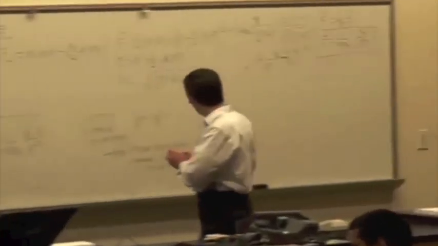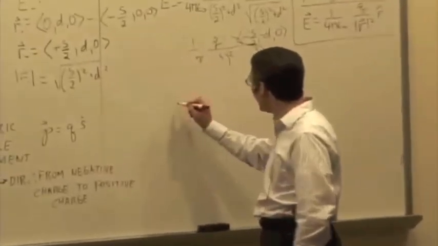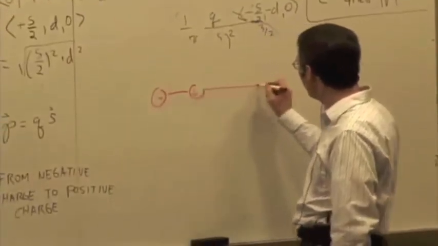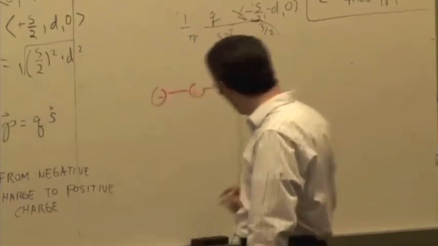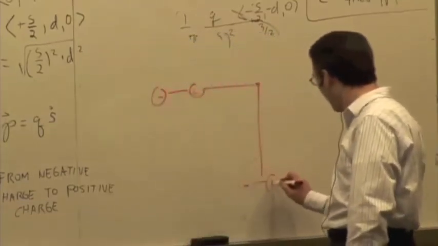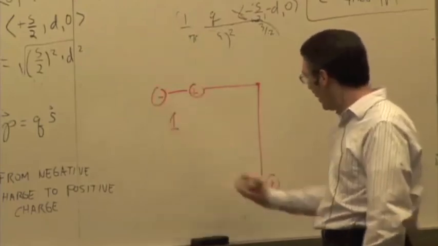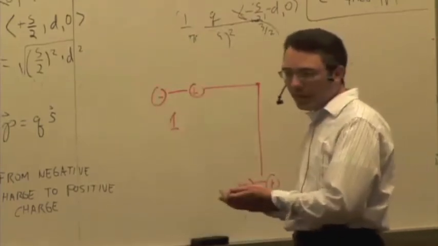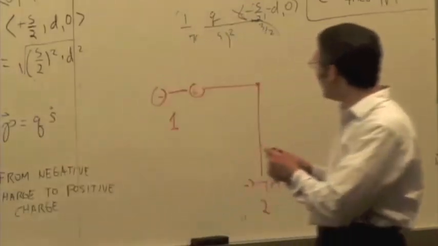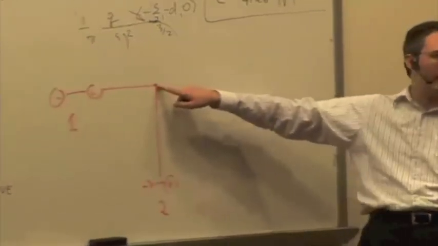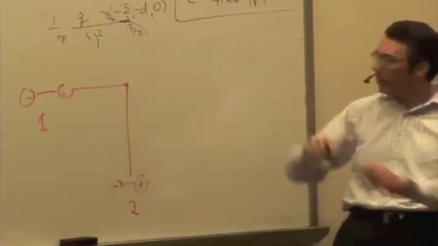We have dipole number 1. Let's say the first one is the top dipole. And the bottom one is oriented the same way, negative and positive. So here's 1, and here is 2. And the electric field due to dipole number 1 is pointing at this location, everybody, that way, okay?